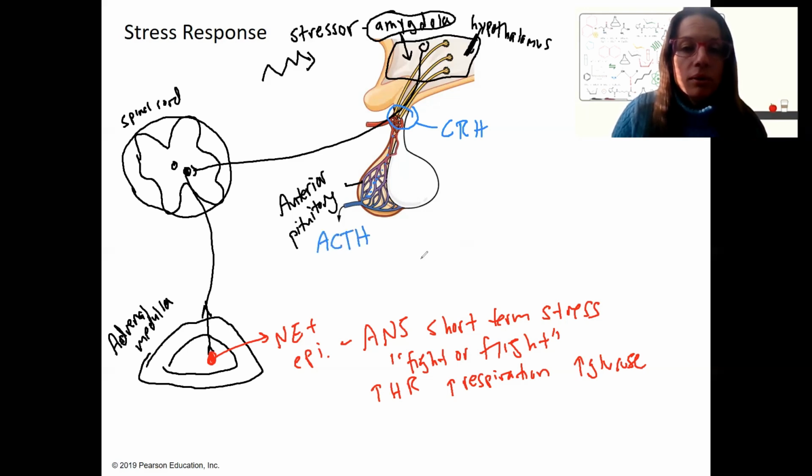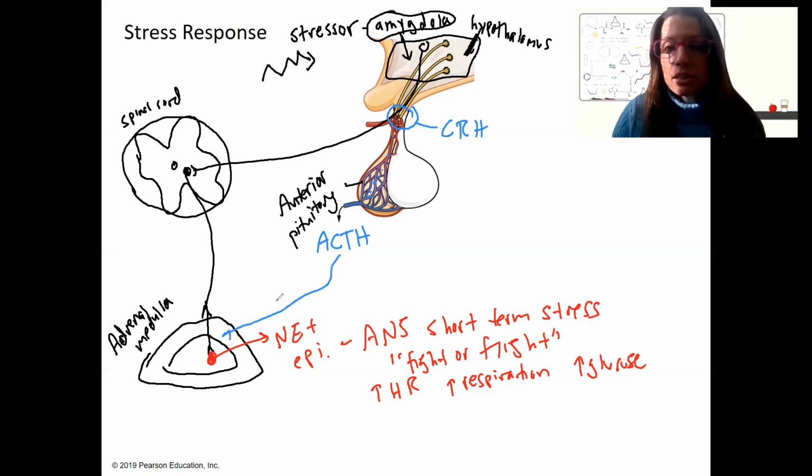Adrenocorticotropic hormone. A hormone that is going to be a tropic hormone for the adrenal gland. This ACTH is going to travel through the bloodstream and is going to target what? The adrenal gland. But where? Actually, the cortex.